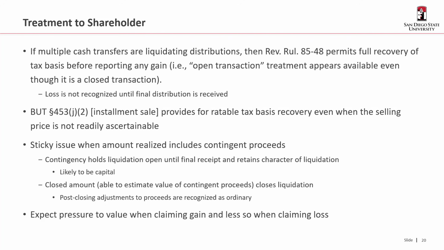Now, the flip side of that is, of course, if it's a loss, you wouldn't be able to recognize that loss until the final distribution, or until you've at least exhausted all of your basis. 453 installment sale treatment says ratable basis recovery even when the selling price is not readily ascertainable. So we have a bit of a fight going on in the code: a revenue ruling and installment sale treatment.